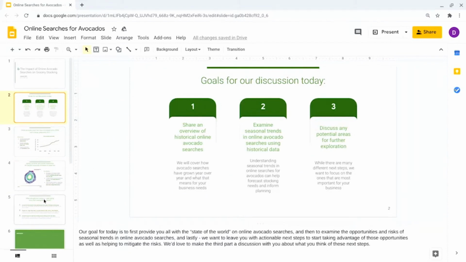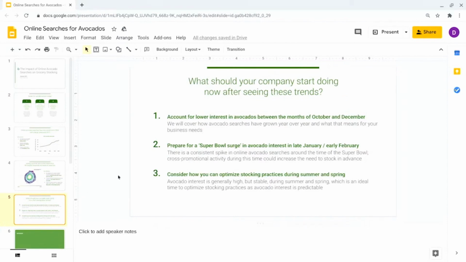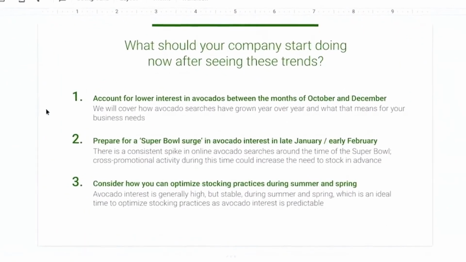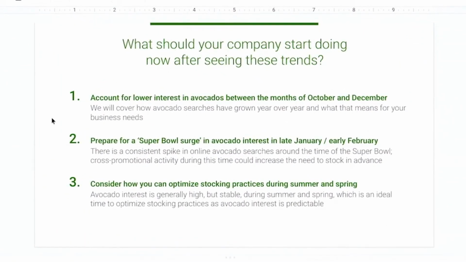So let's explain what this data helps our grocery store stakeholder do. First, they can account for lower interest in avocados between the months of October and December. They can also prepare for the Super Bowl surge in avocado interest in late January, early February. And they'll be able to consider how to optimize stocking practices during summer and spring.